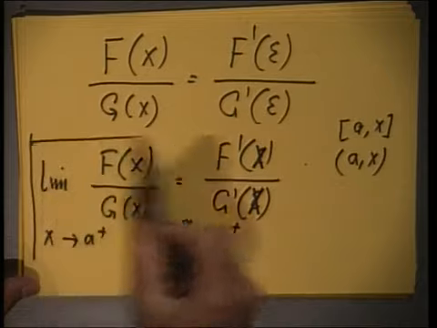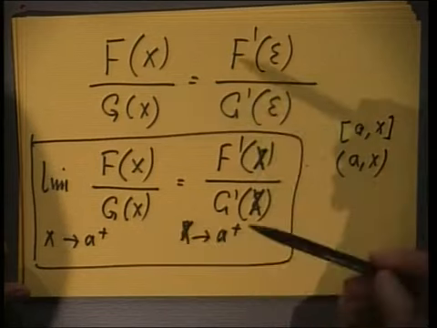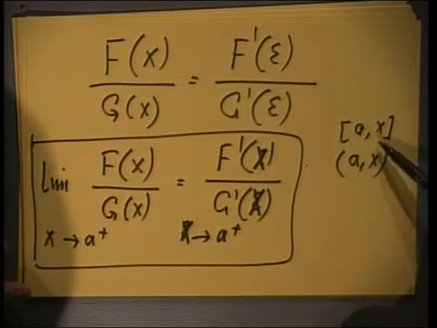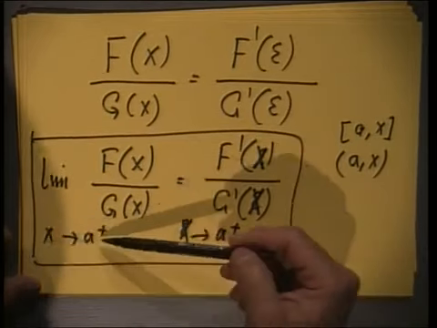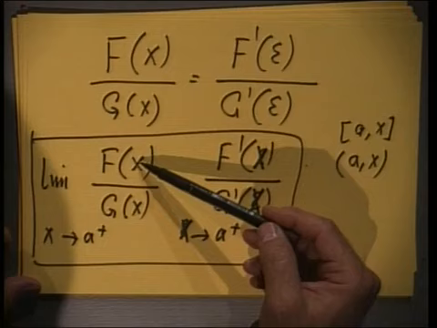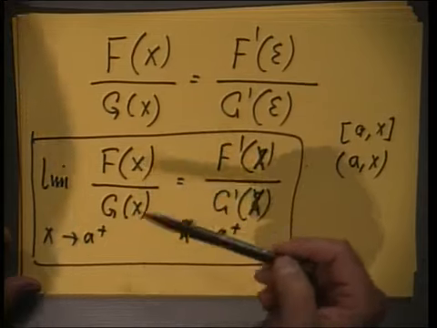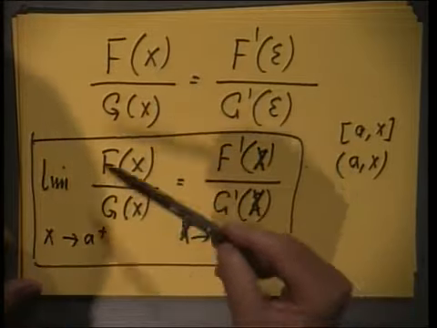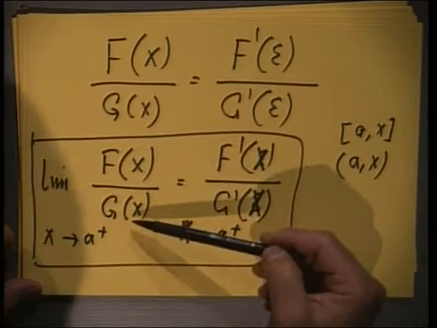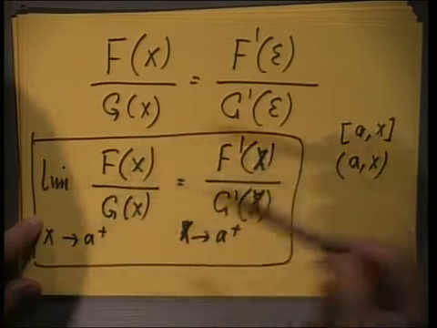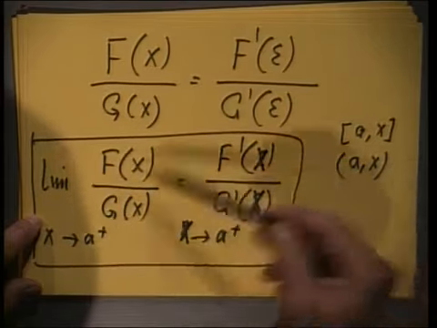It tells you that if you have the quotient of two functions f and g that are continuous on the closed interval and differentiable on the open interval, and you find that the limit of the numerator is 0, as well as the limit of the denominator, as we have seen before, because both small f and small g are continuous at a, so if this tends to 0 and this tends to 0 simultaneously, then you may substitute this limit by the derivative of the numerator divided by the derivative of the denominator to obtain a formula of this sort.